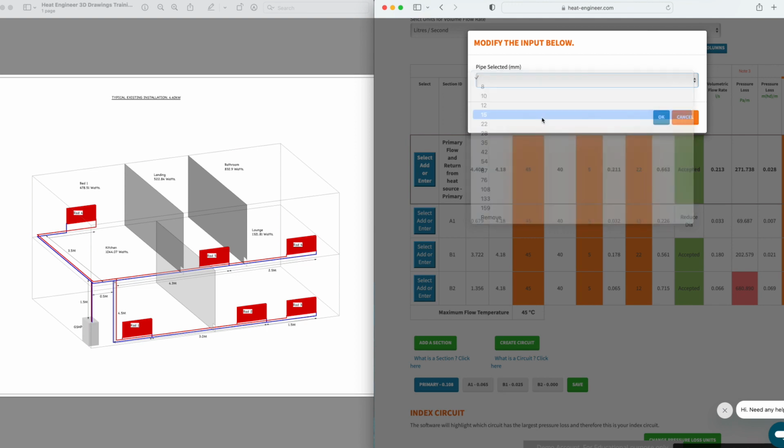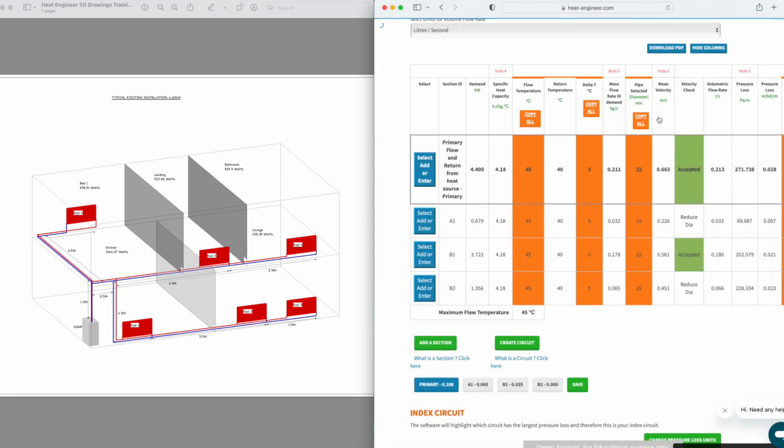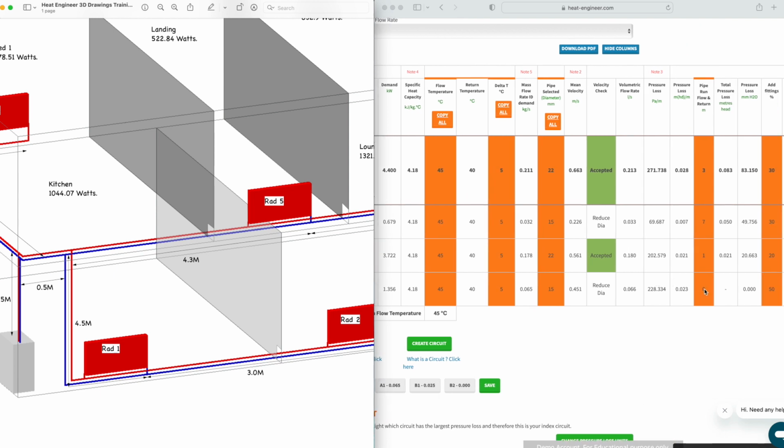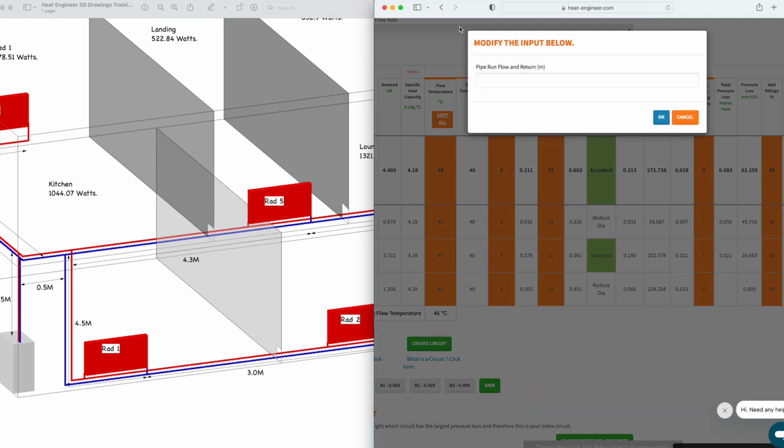But again, you can make engineering decisions on this, and I'll go into a bit more detail with that in a moment. So we had 4.3 meters long, as you can see. So we've got to double it up, and that makes it 8.6. So there's your pipe run there at 8.6. And click OK.